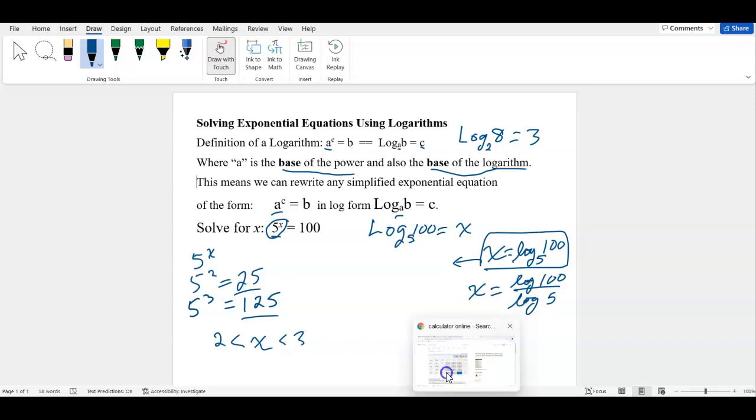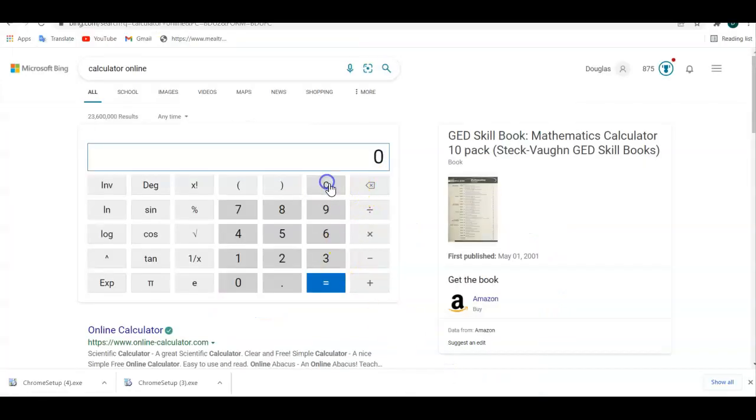If we take a look at this calculator, let's clear that. You notice this has a log key right here. That's called the common log. Notice it doesn't have a base on it. It's assumed to be 10. So this is called log base 10, or just log of something. And this ln, that looks like an i n, but that's an ln, which stands for the natural log. That's a different base, a base of e. But anyway, if we push the log button and we get the log of 100, your calculator can do that quite easily.